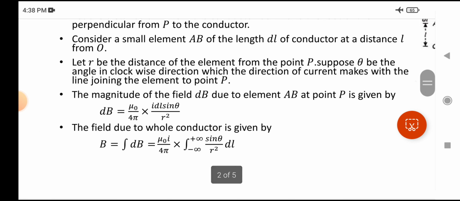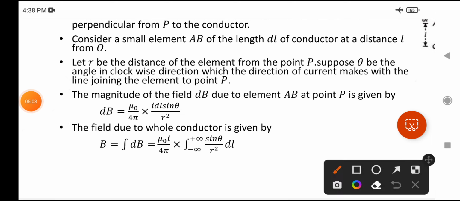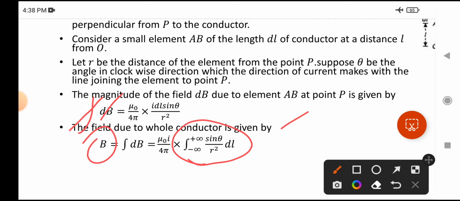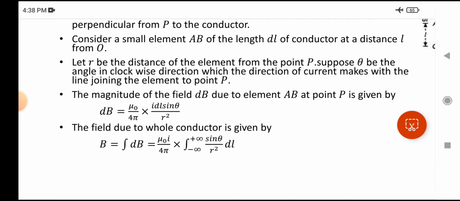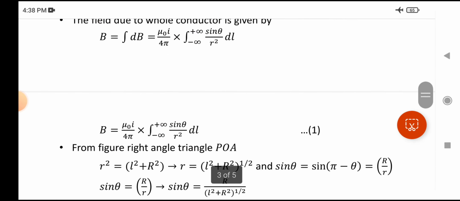Now integrate it to get the total field due to the conductor. When we integrate, we get B. Where to where do we integrate? The length of the conductor is from negative infinity to positive infinity, so the limits are negative to positive infinity.